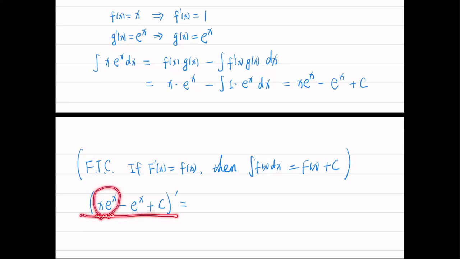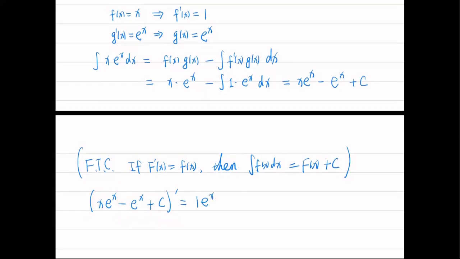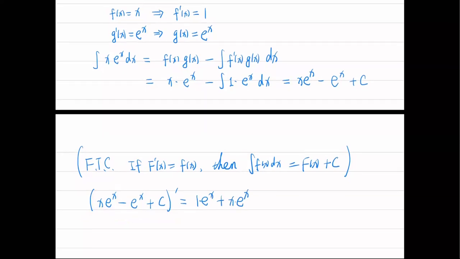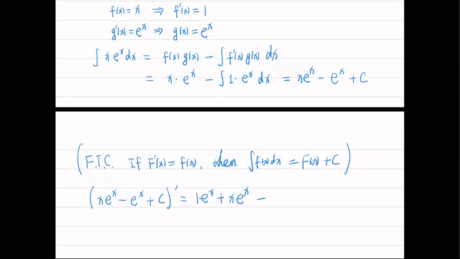So what's the derivative? And subtract, and plus the constant. The derivative of x is 1, and the derivative of a constant is just 0.